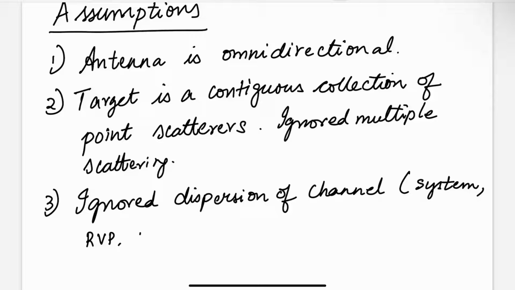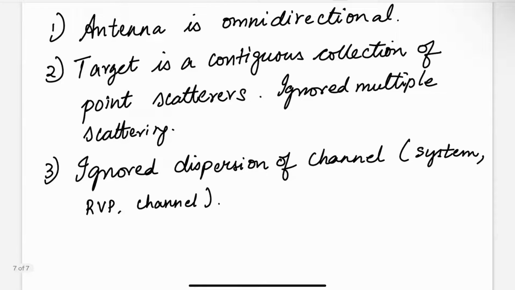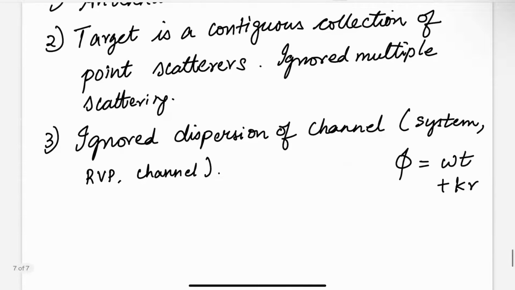And also channel dispersion, which is also somewhat important. So what do I mean by that? So in the system, the phase is not necessarily linear with frequency, right? Ideally, phase should be omega t plus kr, right? But because you have amplifiers, antennas, filters, and so on and so forth, for wideband systems, this is not necessarily always exactly true.